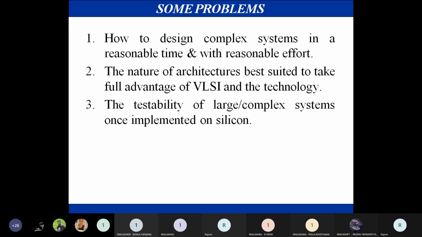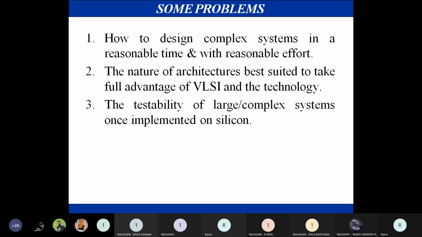Even if you scale also, that architecture should perform very well. Even if you increase it, like a 4-bit adder, you want to make it 8-bit adder. So it must not be such that it is creating more delays and your logic of design is corrupted. Okay, so architecture selected for a specific subsystem must be taking full advantage of VLSI technology.